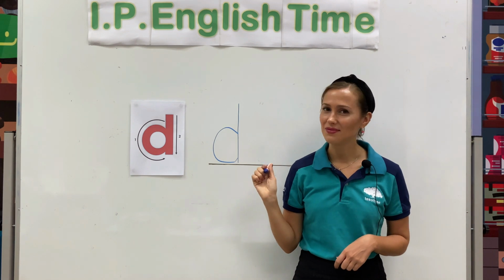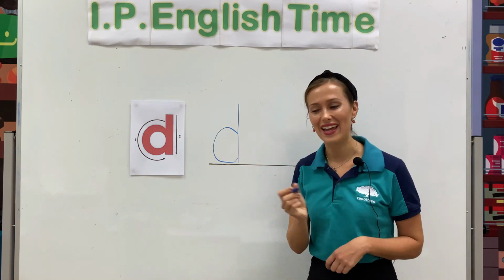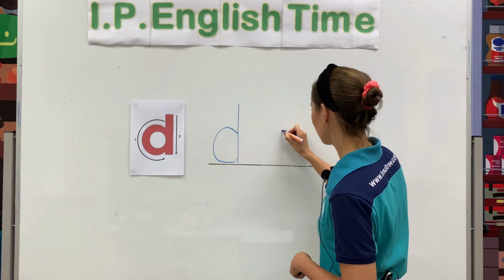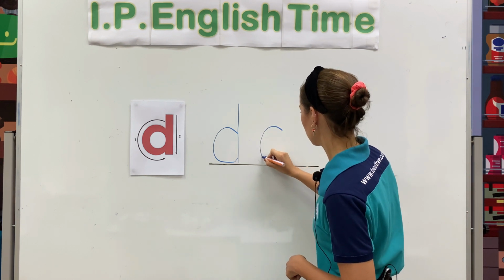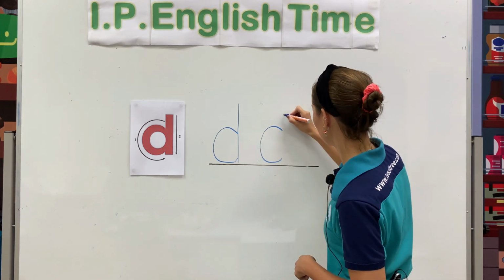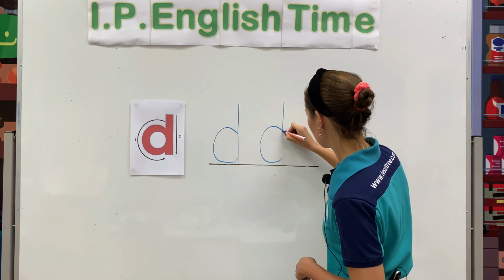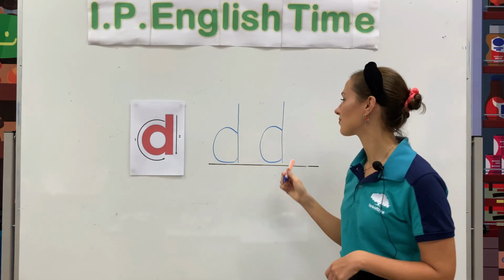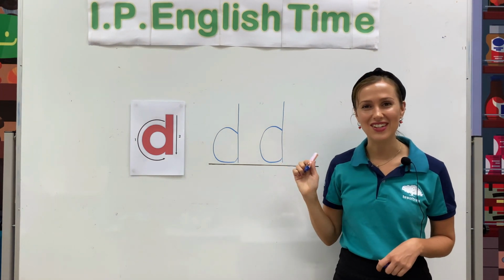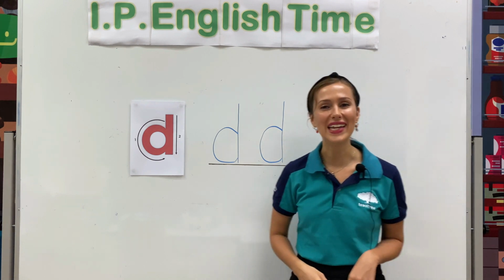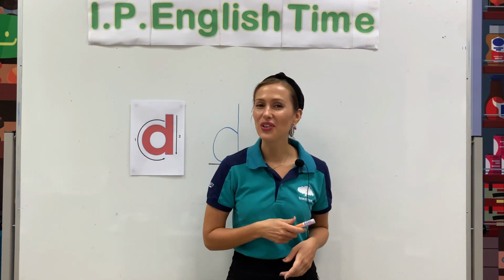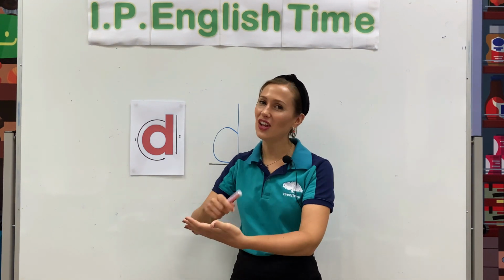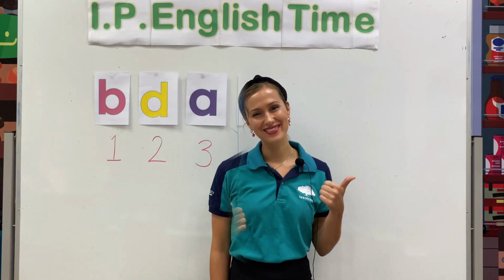Small letter D. Let's do that again. 1, 2. Small letter D. Okay, kids, well done. You've learned how to write the lowercase d.